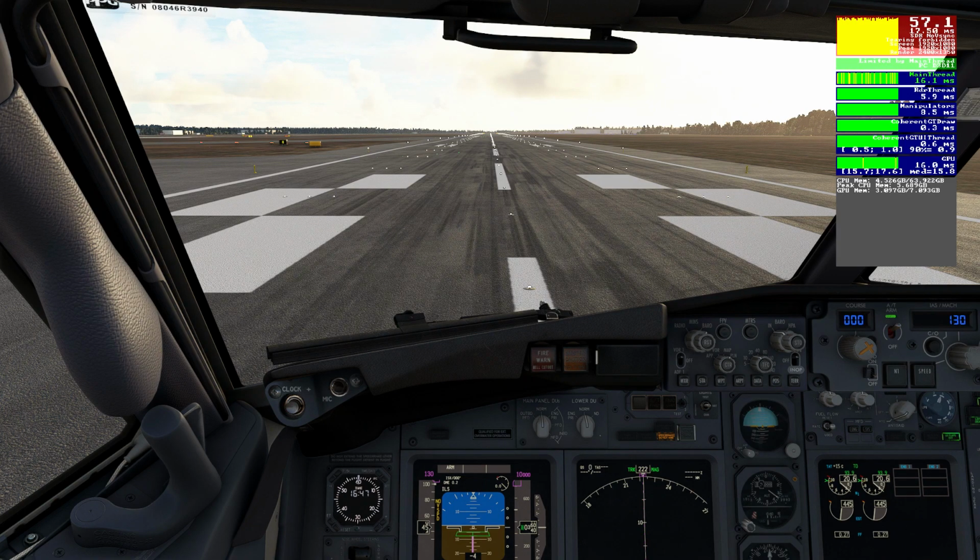But in this video, on my 1080p screen, with my 10700K processor, complete with AIO cooling and a slight overclock and an RTX 2070, I'm going to do a short flight from Stansted Airport over to Heathrow Airport.